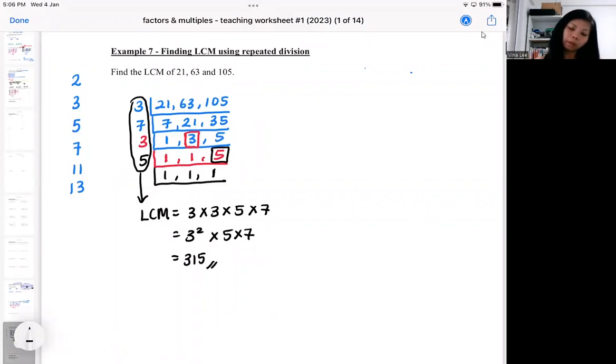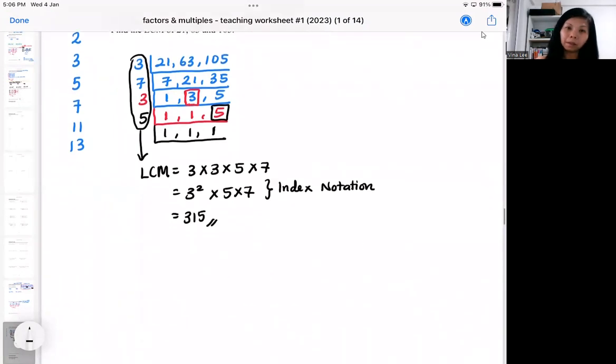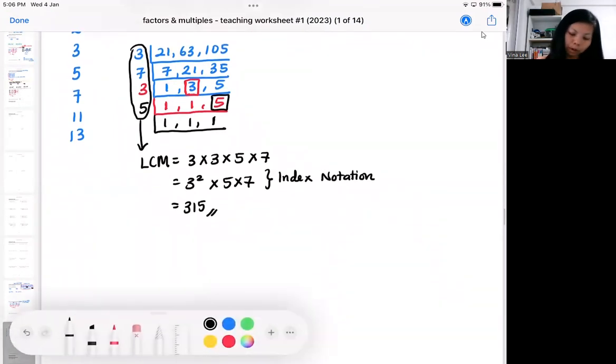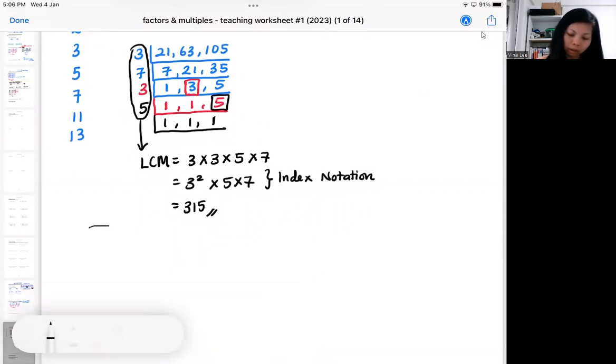Sometimes they will tell you to leave your answer in index notation. If they tell you to leave your answer in index notation, it means you don't press calculator. You leave it in the prime factorization format. So this one looks easier, am I right? Most people will tell me that this one looks easier.